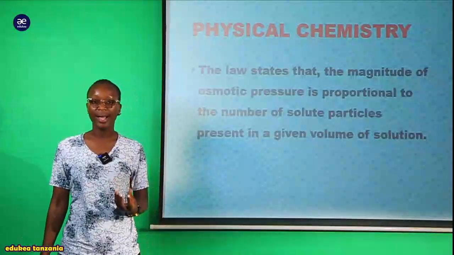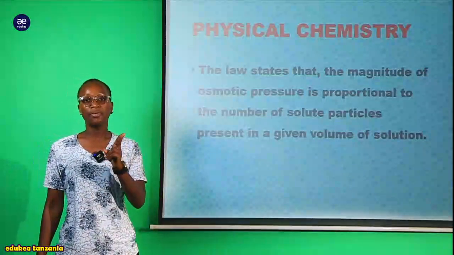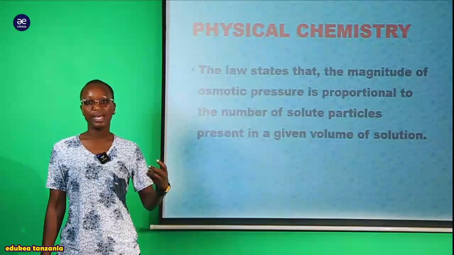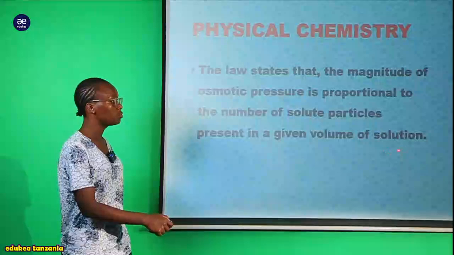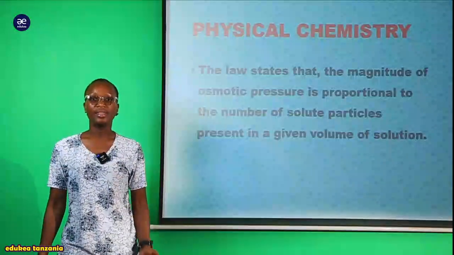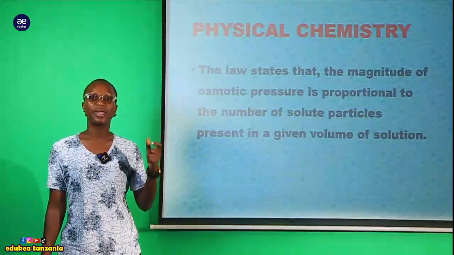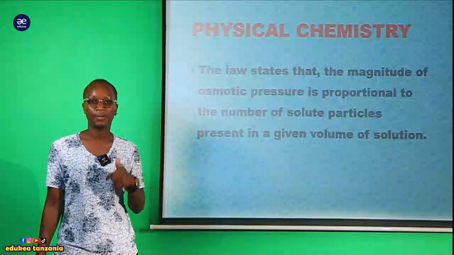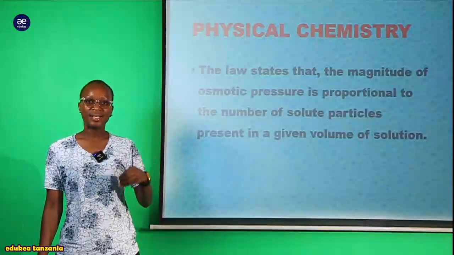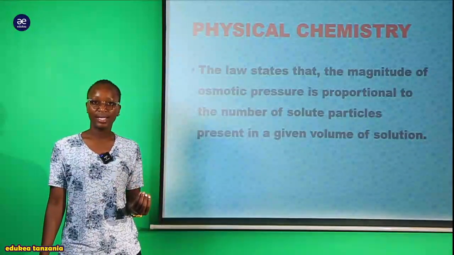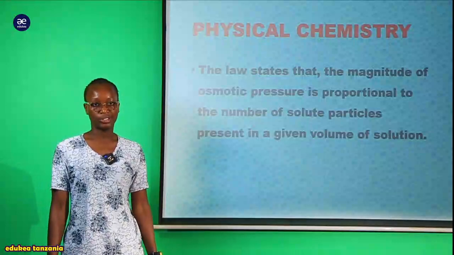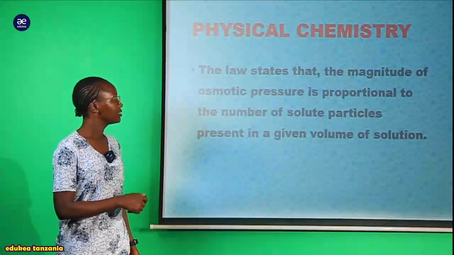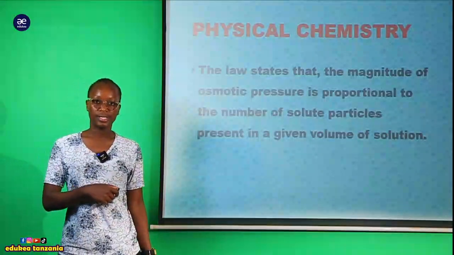Remember, a solution is made up of two things: solvent and solute. We cannot have a solution and not know the solute in it. That's why we are studying this topic of relative molecular mass in solution, so that we can know the mass of the solute in different solutions. This is how the law states.